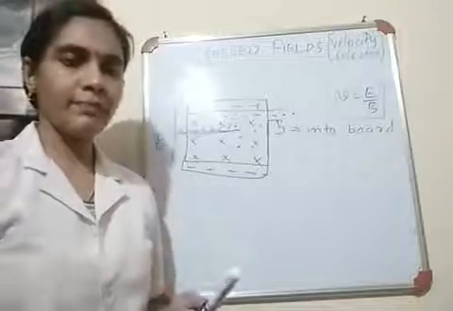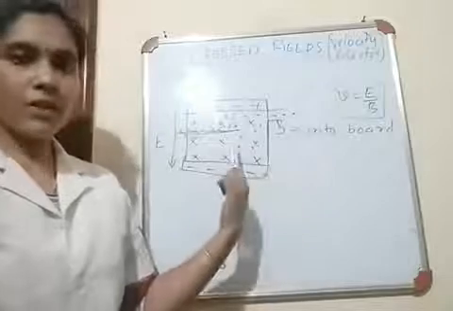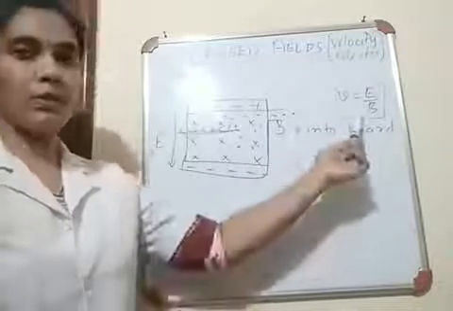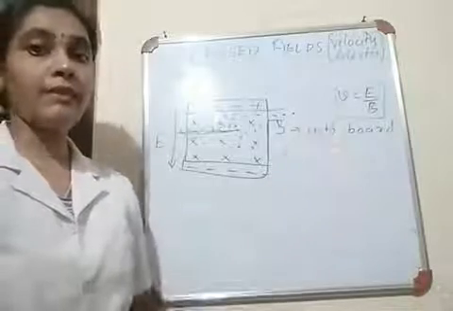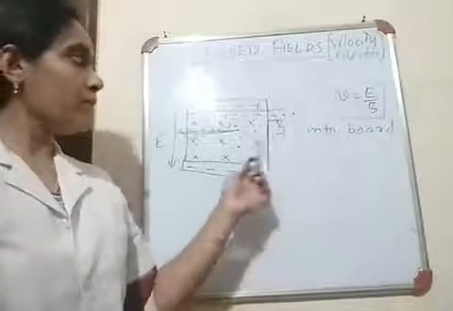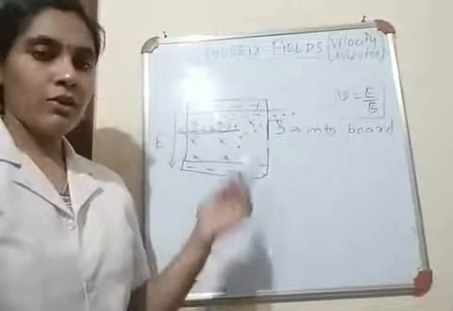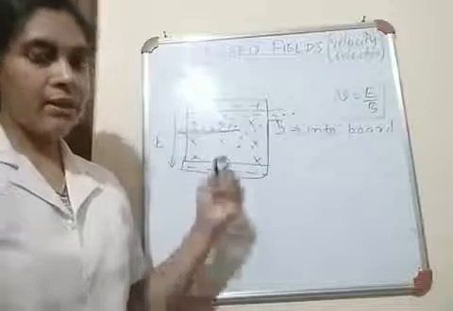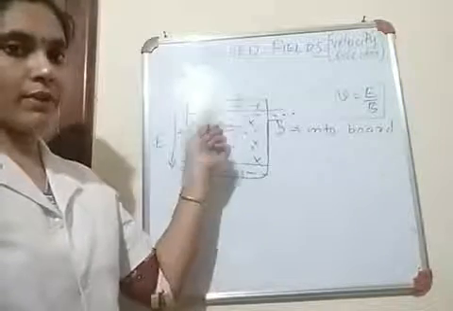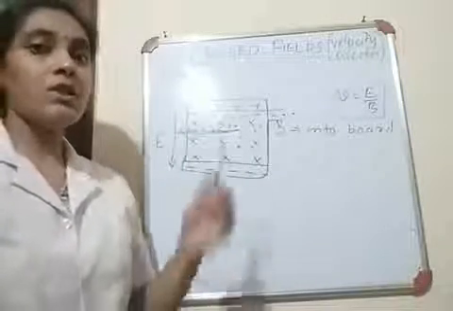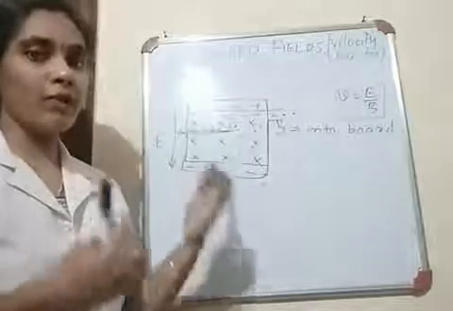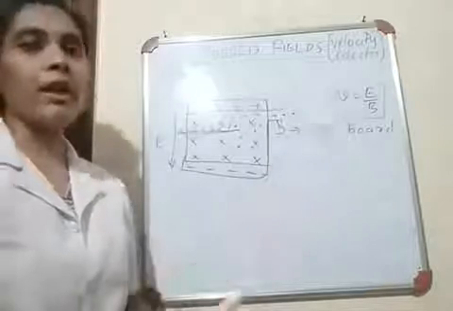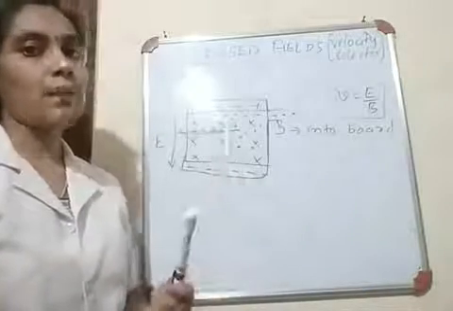Do you have any idea? Yes, in a crossed field, a particle will move undeflected only if the velocity is equal to the ratio of the electric field and the magnetic field. So from the path of this particle, you got an idea of the velocity of this particle. That velocity will be equal to the ratio of the electric field and the magnetic field. So we are able to choose those particles with this particular velocity from their path.